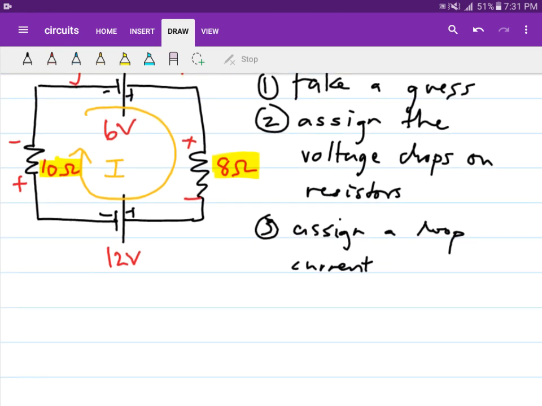In this scenario, we are going to assign a loop current that coincides with the direction of our guess current. So let's assign this loop current A to be in the same direction of I.